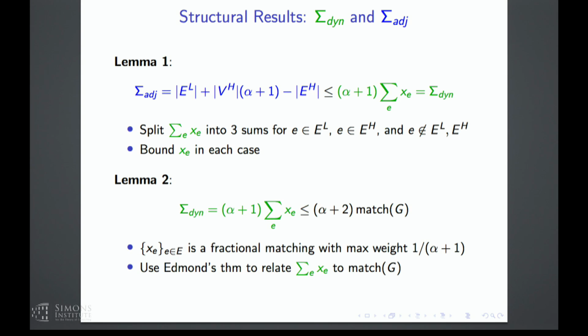In lemma 2, we first note that our assignment of weights satisfies the conditions of being a fractional matching, and the maximum weight there is at most 1 over alpha plus 1. And then we can use Edmonds' theorem to relate the size of that fractional matching to the size of maximum integral matching in the graph. So that would give us lemma 2.